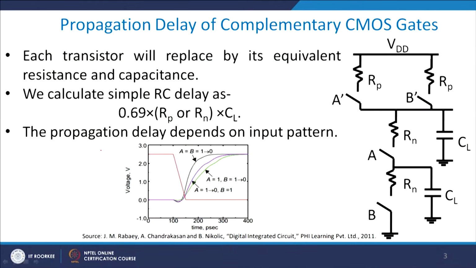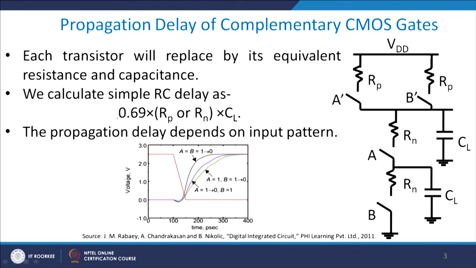With this basic idea, we can simply say that to compute the RC delay, it is nothing but log 2, 0.69 into R into C. That is what has been taught to us, that the delay is effectively 0.69 into R into C. But quite an interesting idea comes into picture.